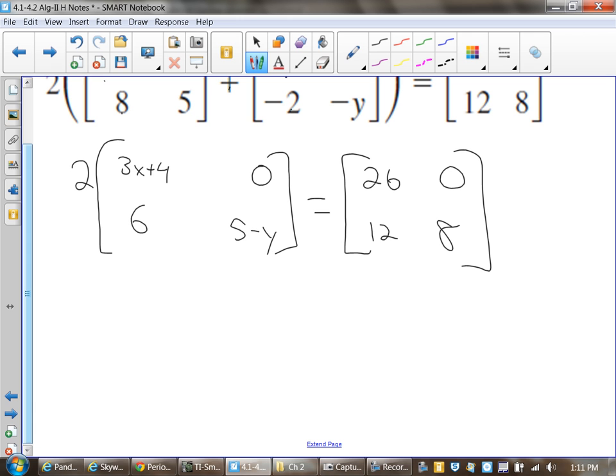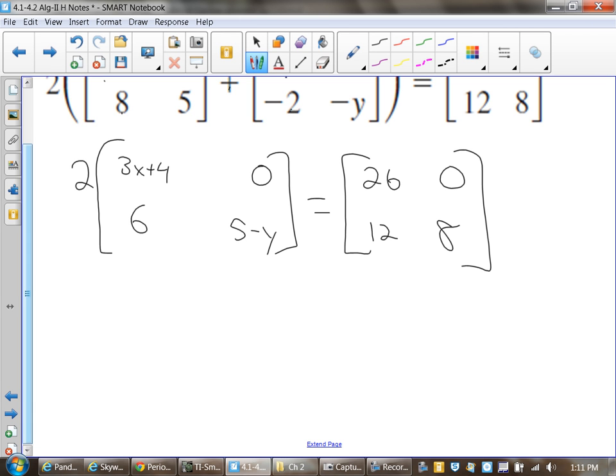Now, in order for the 2 matrices to be equal, all of their entries have to be equal. So now it's nothing more than the following. This is a scalar multiplication, which means I'm multiplying everything by that scalar of 2. So each one of these entries has to be 2 times that.